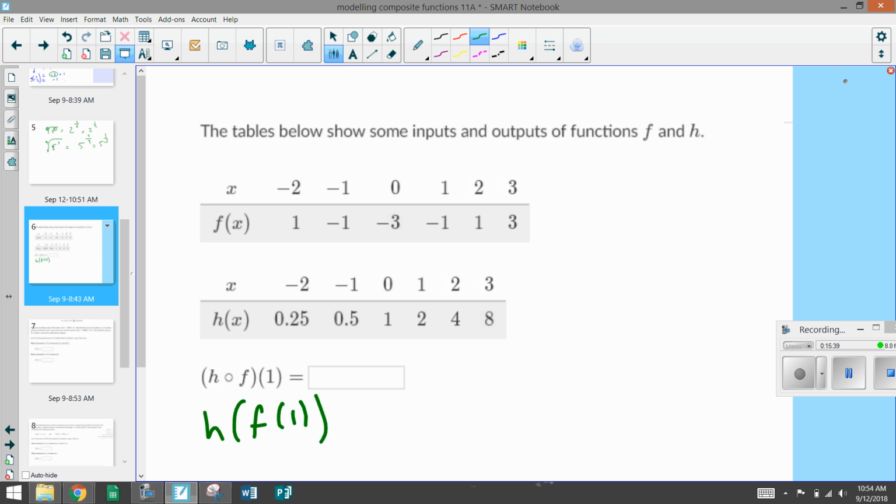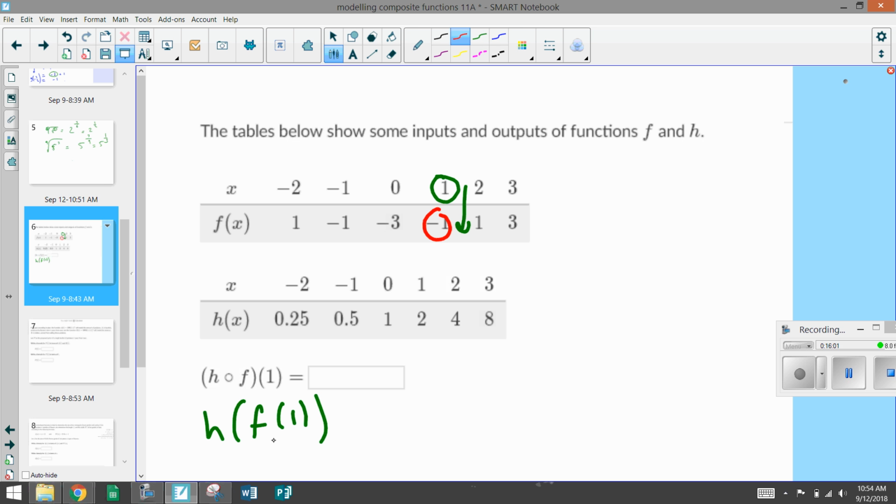Next. So the first question is f of 1. Okay, he's right. First question is f of 1. So f of 1, where? This is h, this is f. Go to the right address. f of 1 here is equal to negative 1. Here you go.